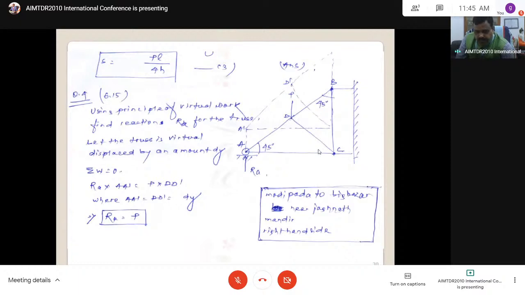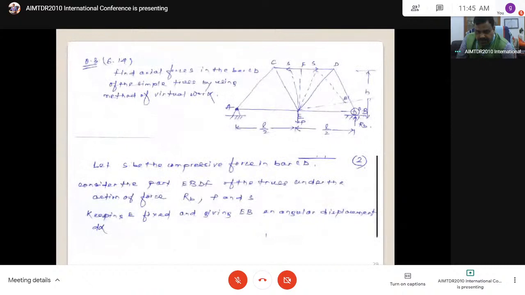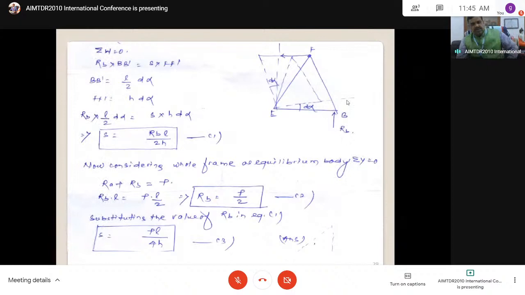BB dash is L by 2, and cos d alpha is taken as 1 for a small virtual displacement, so this is d alpha. BB dash is L by 2 d alpha, FF dash is equal to h d alpha.